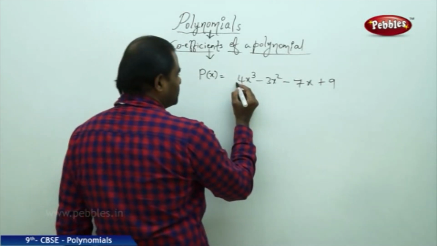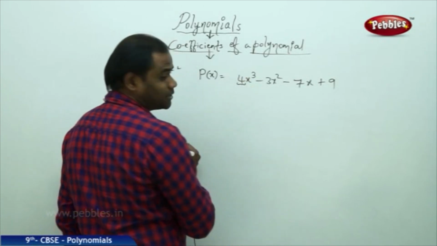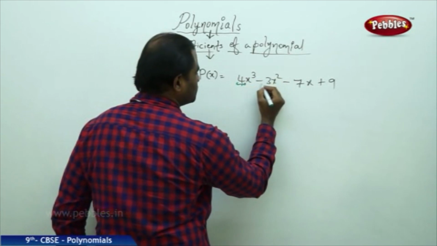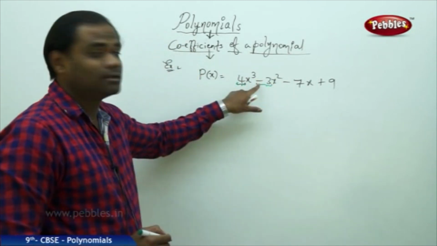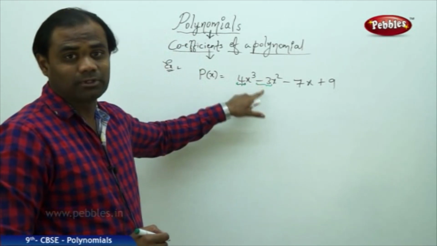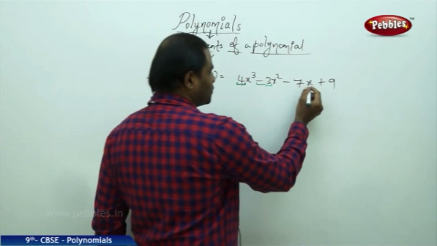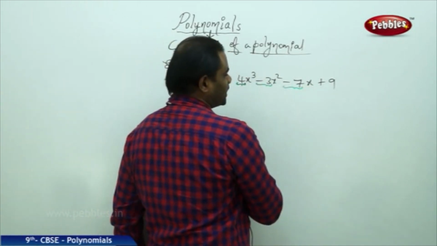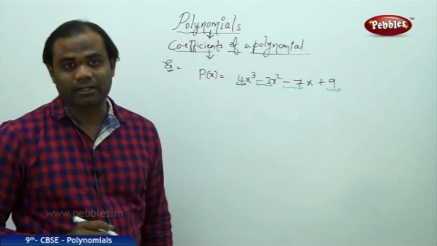Here I identify the coefficients to be, for x cubed I have a constant 4 which is attached, and for x squared I have the constant attached which is negative 3. Even the sign takes into account. It's important that we take even the negative sign into account. For coefficient of x, the constant attached to x is -7 and the constant independent separately is 9.